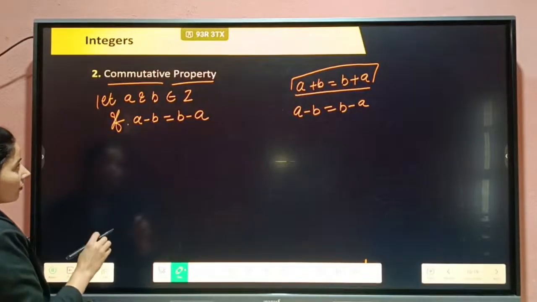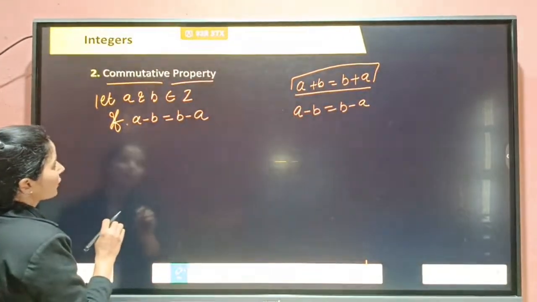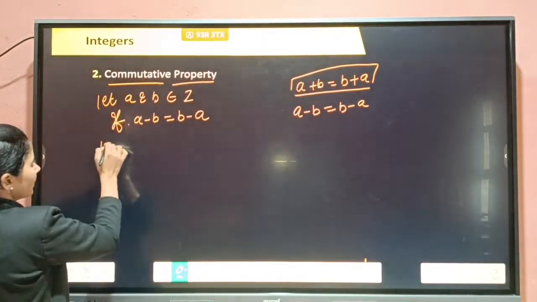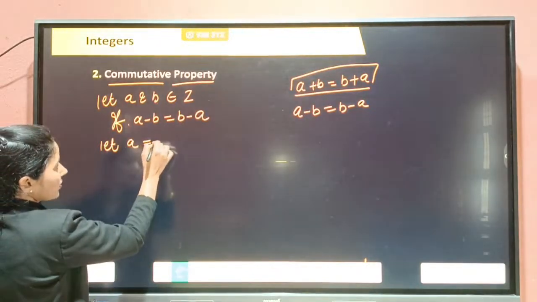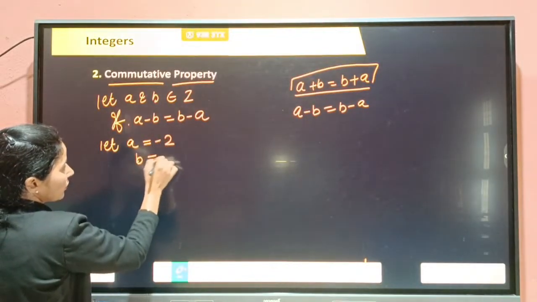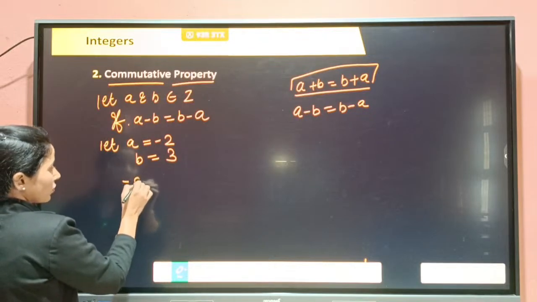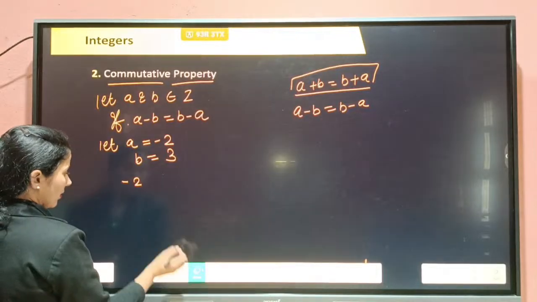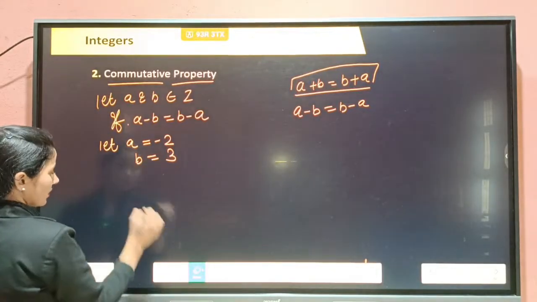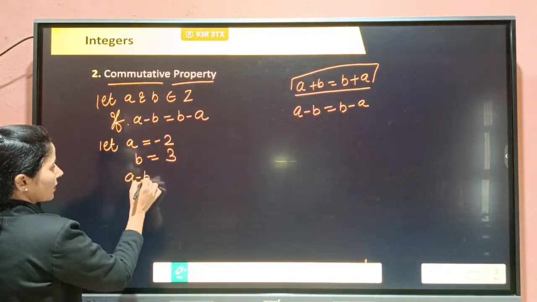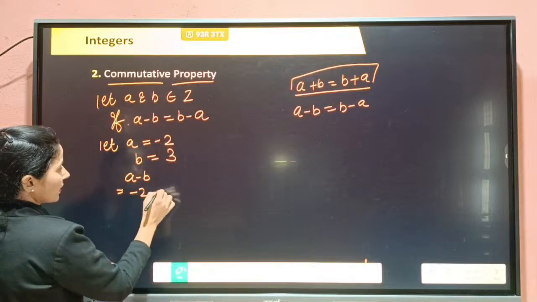Let us verify this property by taking particular values of A and B. Let A be minus 2 and B equal to 3. So A minus B: the value of A is minus 2 and B value is 3.